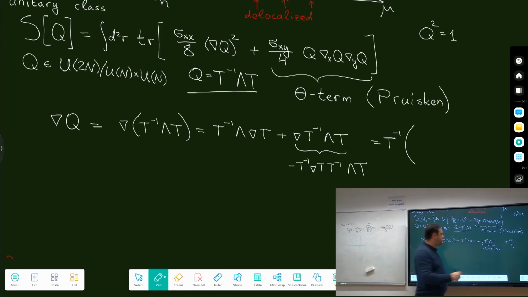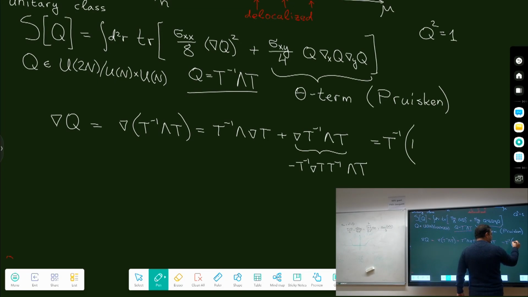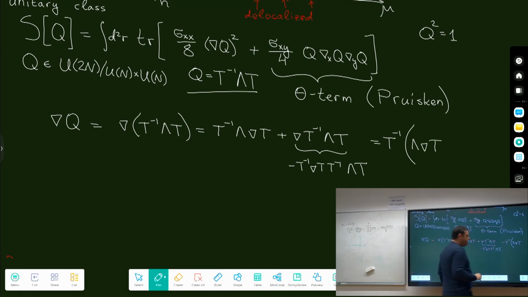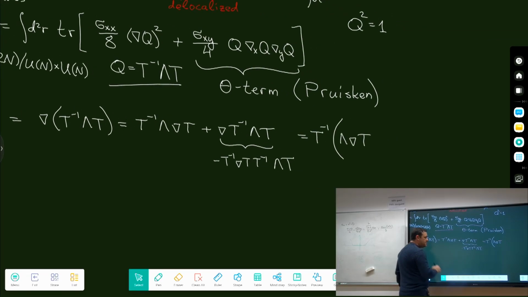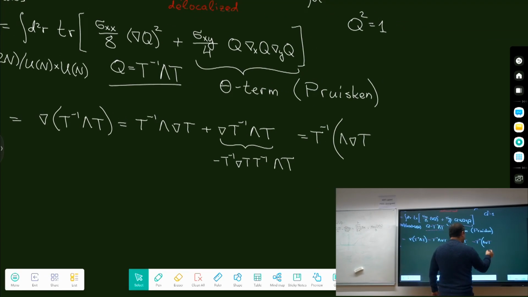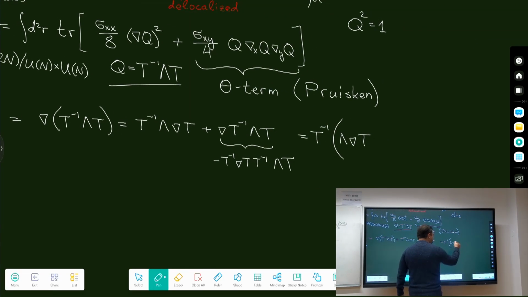Then from the first term, I will have lambda gradient T. And from the second term, I will have minus gradient T, T inverse lambda T, right?